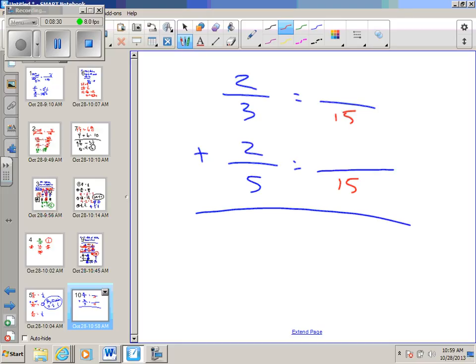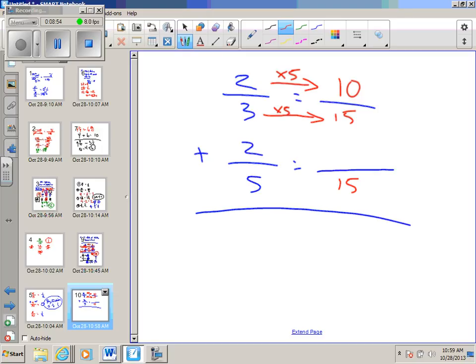Okay. So now I have to compare and see, how did my denominator go from a 3 to a 15? Times 5. That's why I put this times 5 here. So whatever gets done to the bottom has to be done to the top. So 2 times 5 becomes... remember we made equivalent fractions, Casimir? Way back when we said you can use multiplication to make equivalent fractions.